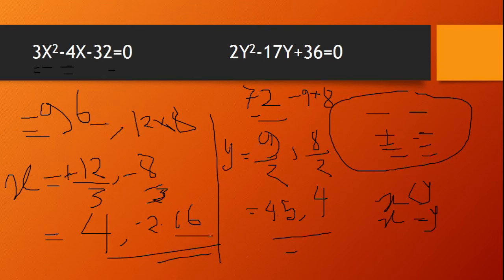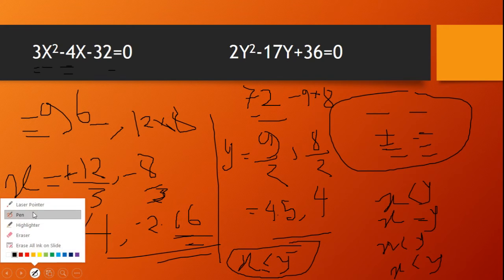Minus 2.66 is less than 4.5, so x less than y, and last, minus 2.66 is less than 4, so x less than y. So there are two signs, so the answer will be x lesser than or equal to y. So that's the answer. Let's take another example.